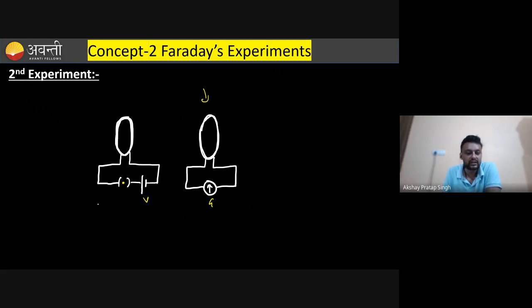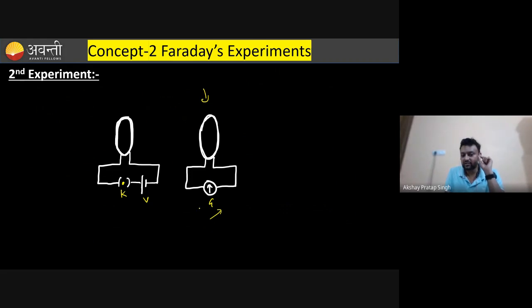If you open the key, current will stop, right? So what was the experiment? Initially, the key was off, or you can say the switch was off. As soon as he closed the key, I hope you have seen keys or switches in the laboratories, a deflection was observed in the galvanometer. Suppose the deflection was like that.